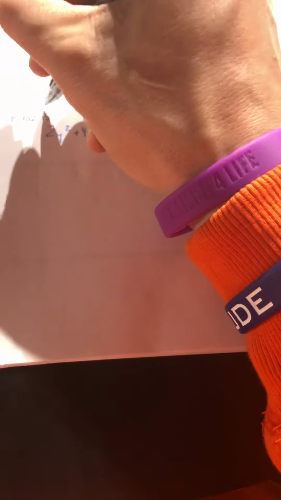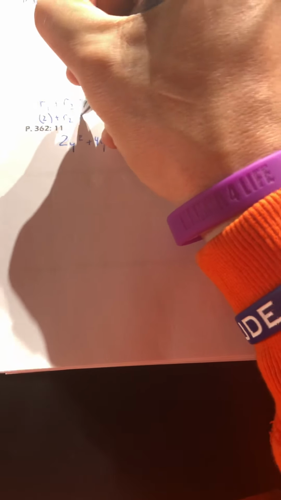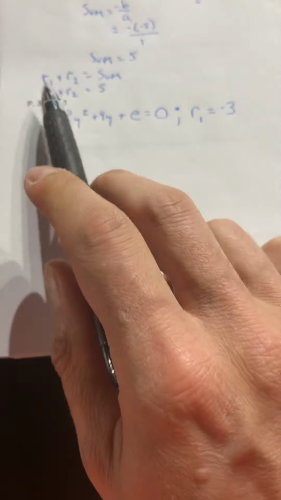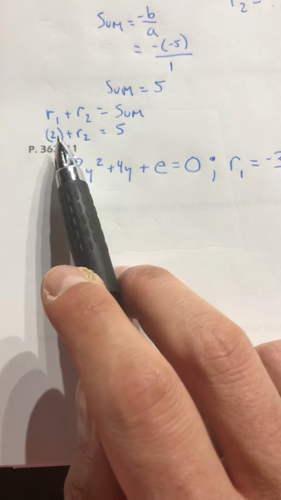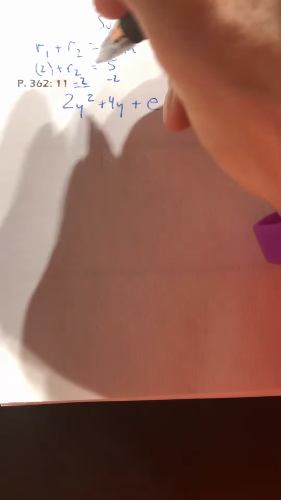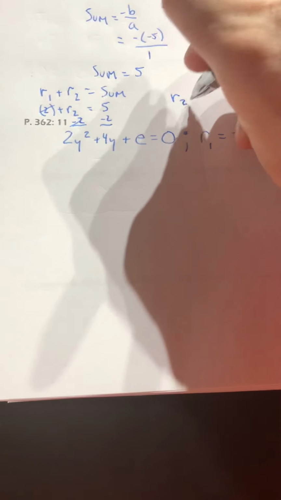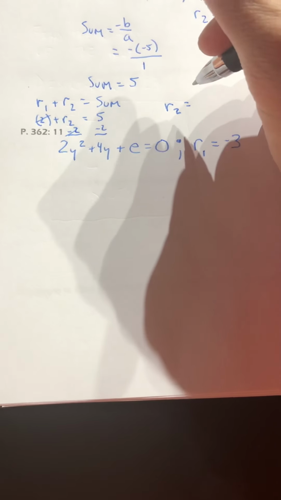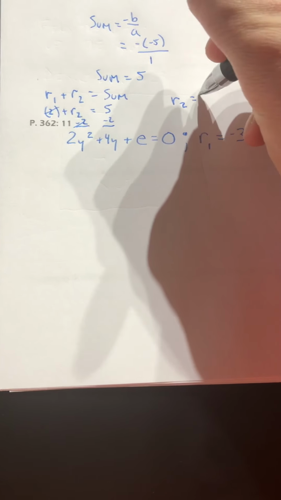I'm going to replace root 1 with 2. We need to find root 2, and our sum is 5. To get root 2, this is attached by addition, so we subtract 2 from both sides. These 2's cancel out. 5 minus 2 is 3. So root 2 is just 3, and that's our answer.